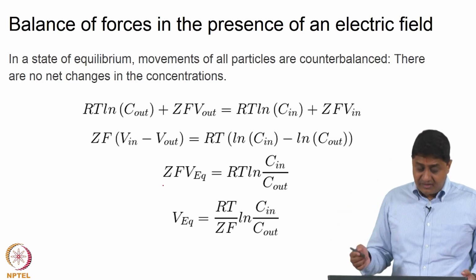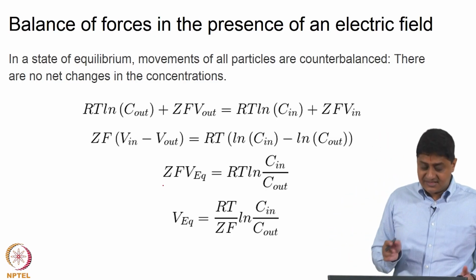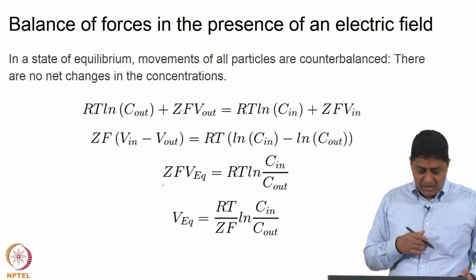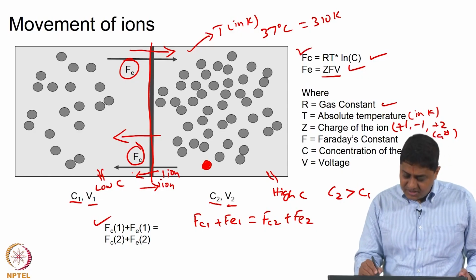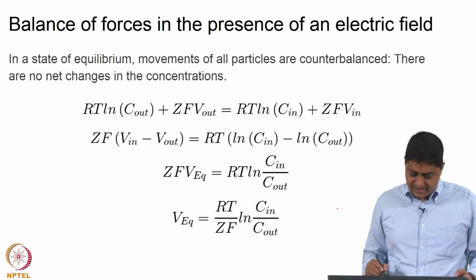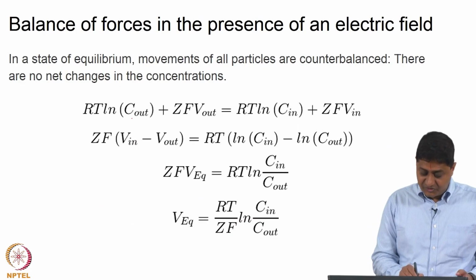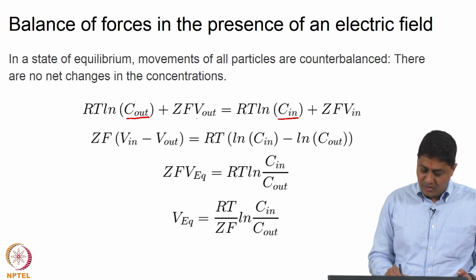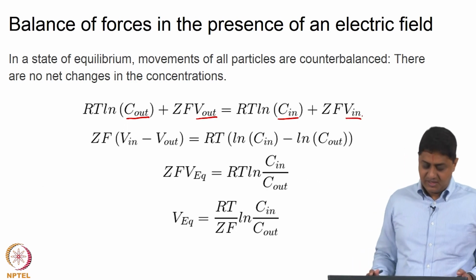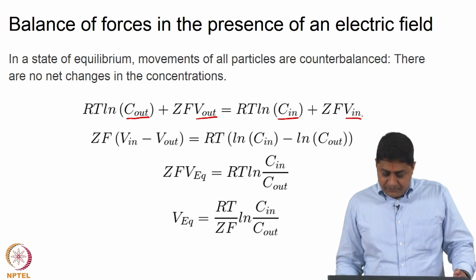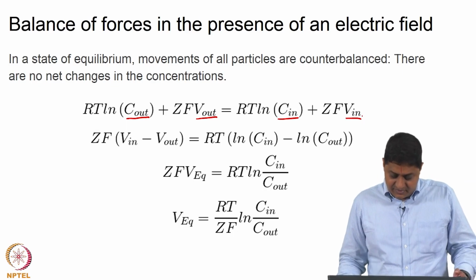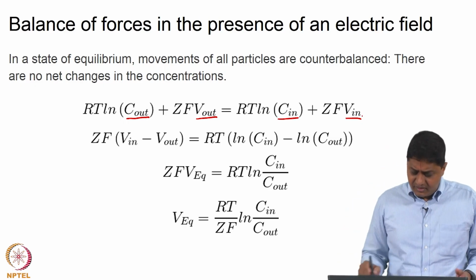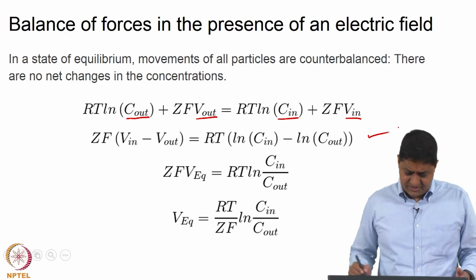So, if we are considering the cell membrane and the outside and the inside of the cell membrane, I could rewrite these equations as this, right. Suppose the concentration outside was C out and the concentration inside was C in, the voltage outside was V out and the voltage inside was V in. I could rewrite this, and a simple rearrangement of that equation gives me this, right.